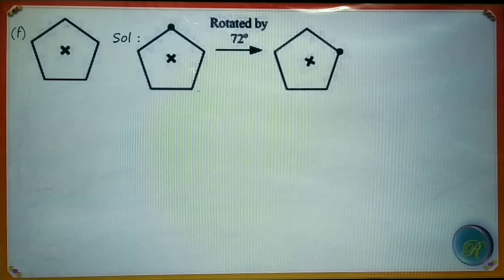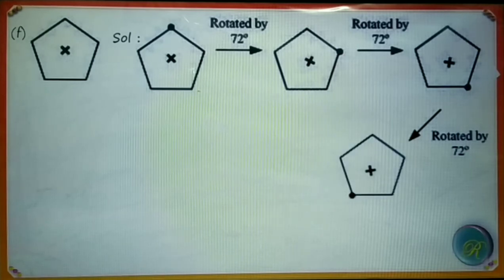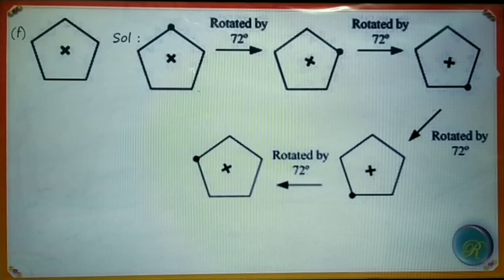Again, when we rotate about 72 degrees, we will get this figure. Again, about 72 degrees in a clockwise direction, the next position will be like this. Once again, about 72 degrees, the next position will be like this.